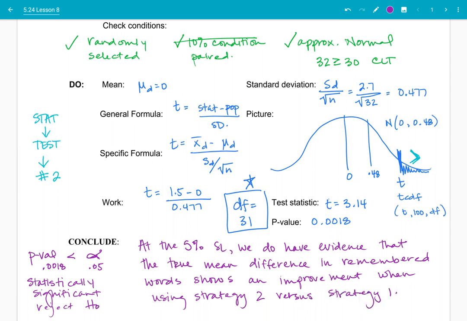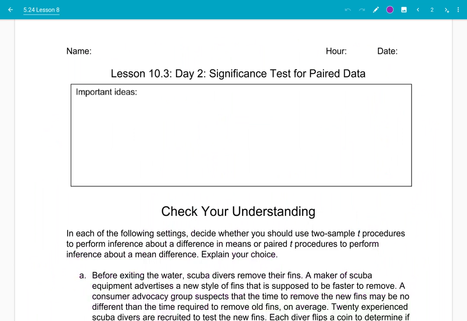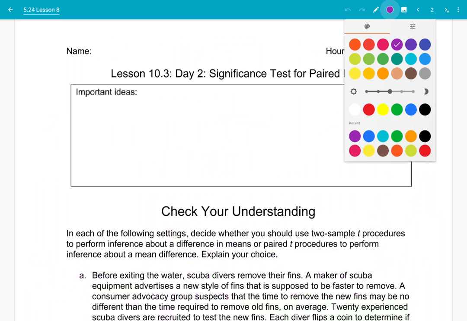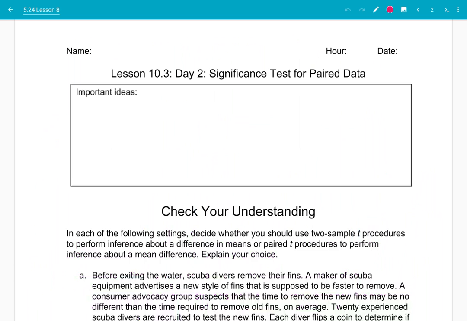Okay. So last example problem, there was your paired hypothesis test. Let's go through and fill in our big ideas, and then we'll do the check for understanding. So remember, when we do a single sample t-test, we are looking for our t being calculated from the mean of our differences minus the population difference divided by standard deviation over the square root of n.